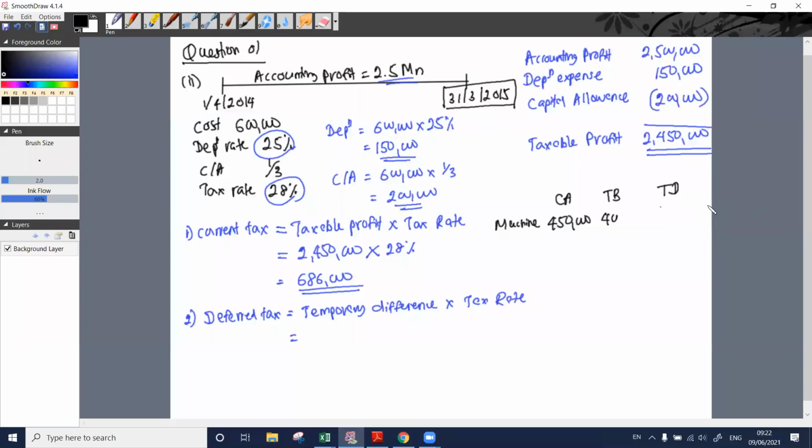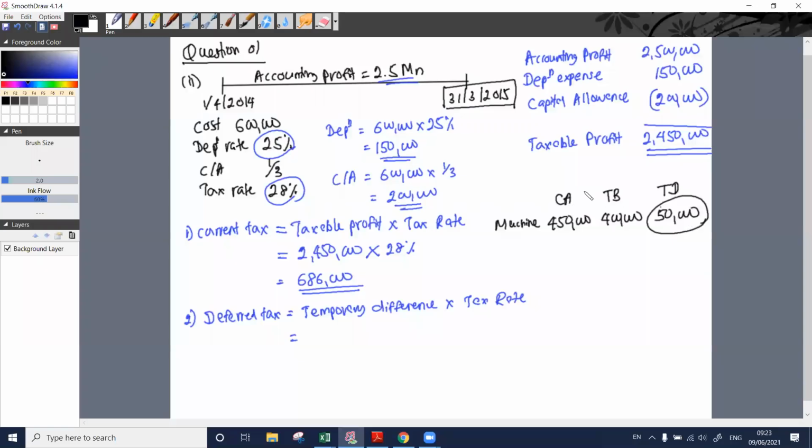Then what we need to determine? Whether this temporary difference is taxable or deductible. Whether it is a taxable temporary difference or a deductible temporary difference. What can you say? How to determine that? We need to compare the carrying amount and tax base.